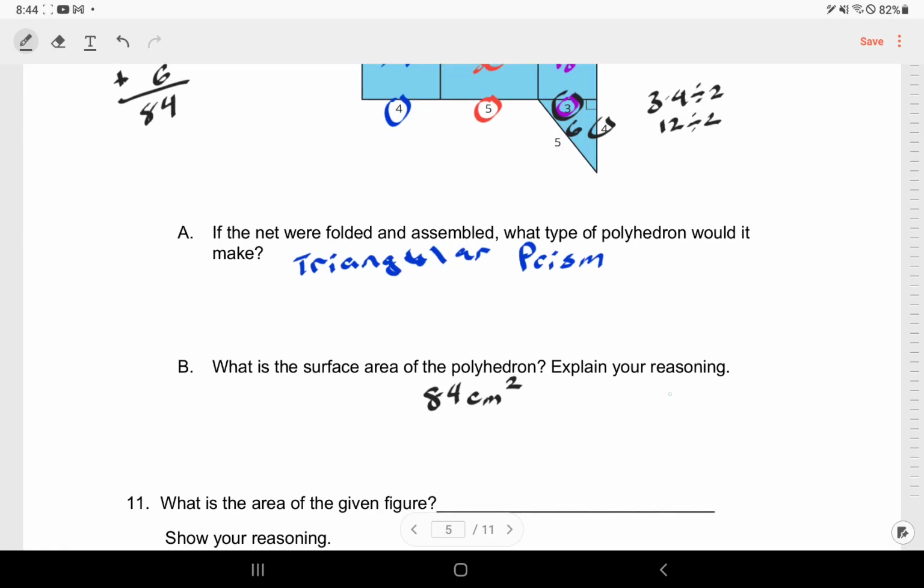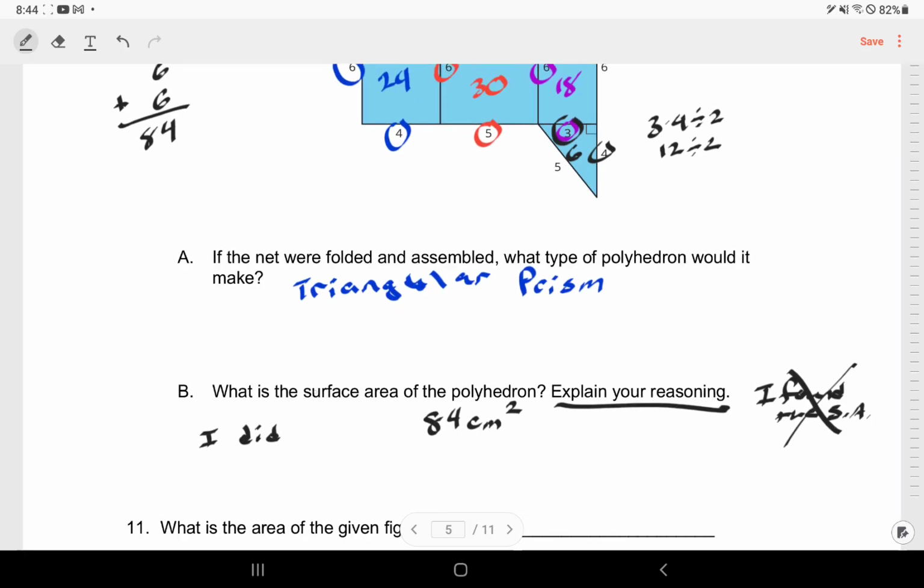Now, explain your reasoning. For full credit, you actually have to explain. I found the surface area. So I did 6 times 4 equals 24 to find the area of the first rectangle.